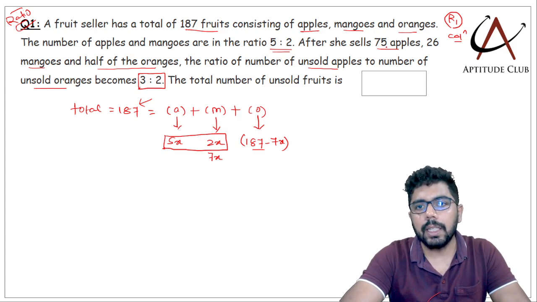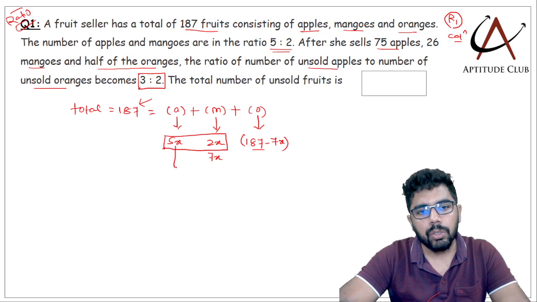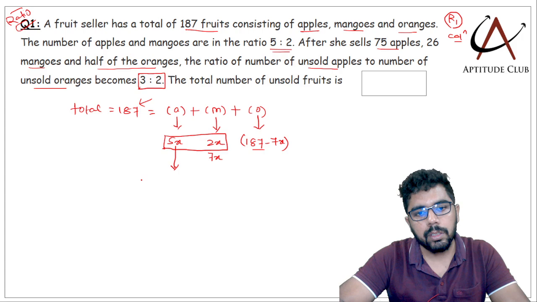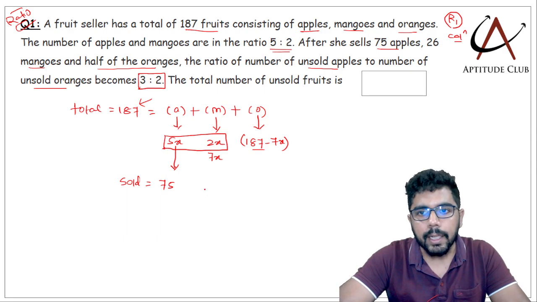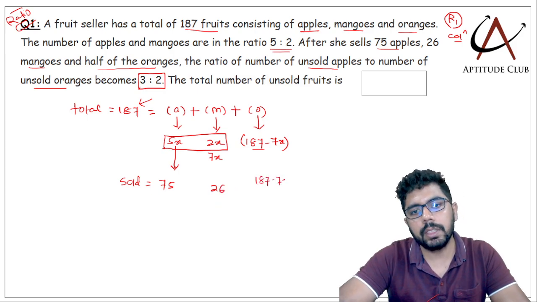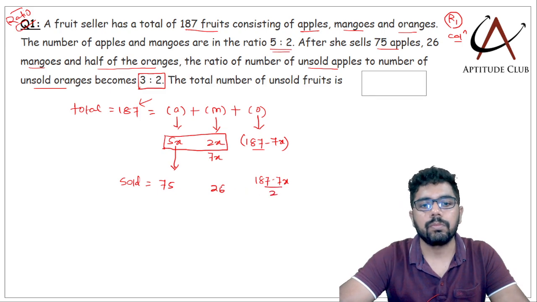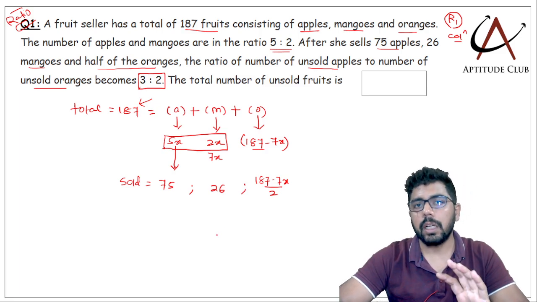Now after she sells 75 apples, so how many apples are left? So if I'm looking at quantity sold, 75 apples are sold, and 26 mangoes are sold, and half of the oranges, (187 minus 7x) by 2. So these many apples, mangoes and oranges are sold.